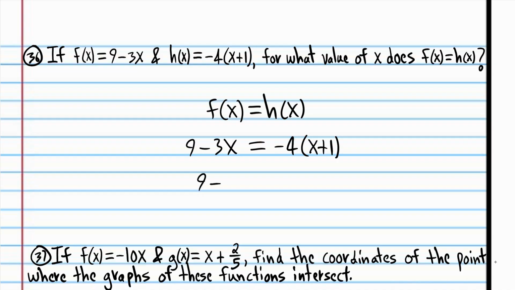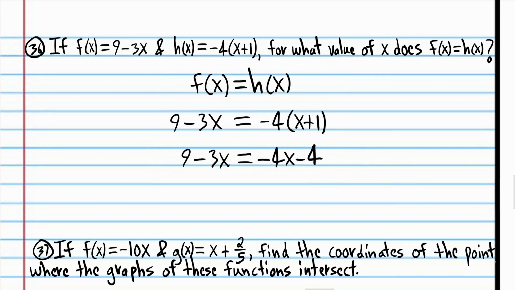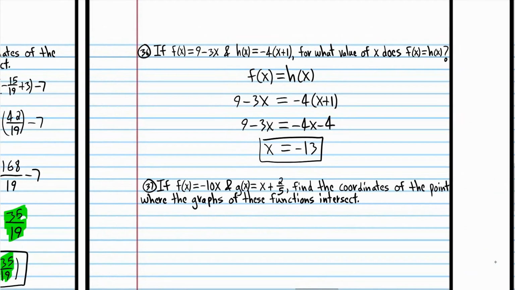So we need to distribute, use the distribution rule, and then we're going to add 4x to both sides and subtract 9 from both sides, and we get x is equal to negative 13. So if you got that right, excellent.